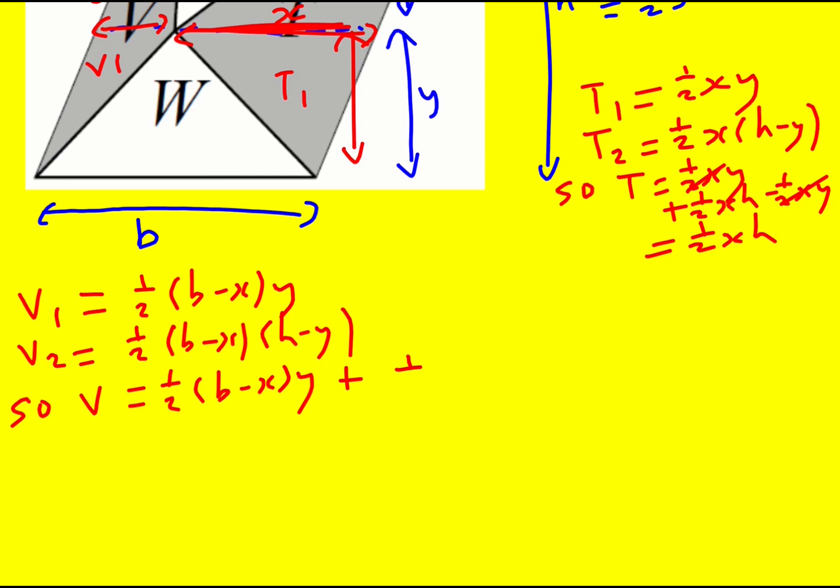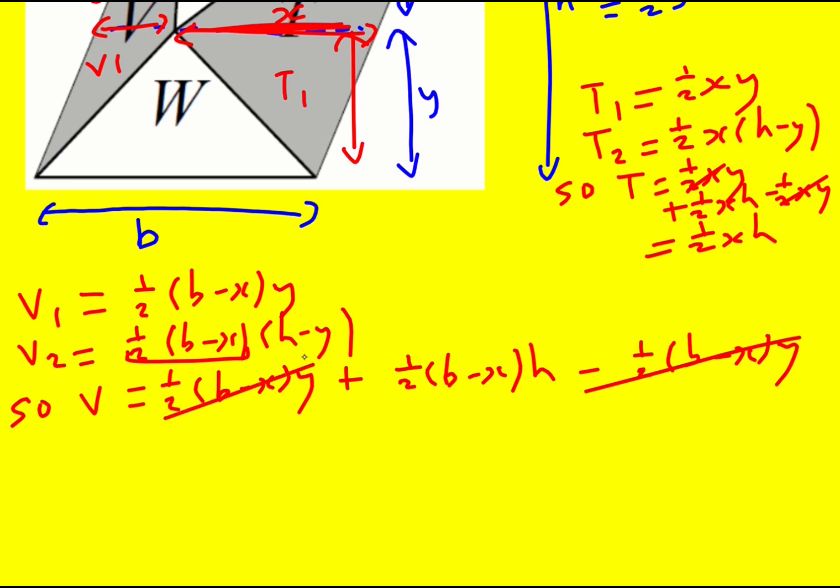Now I'm going to carefully expand this bracket because I'm going to multiply all of this by H, and then I'm going to multiply all of it by minus Y. Nothing wrong with doing that, because now it just cancels like so.